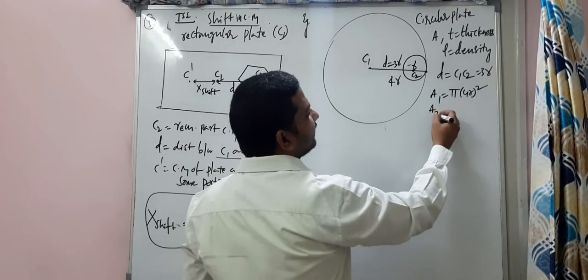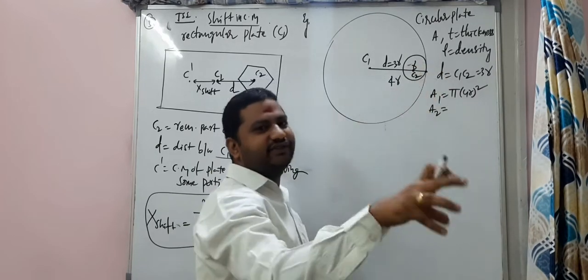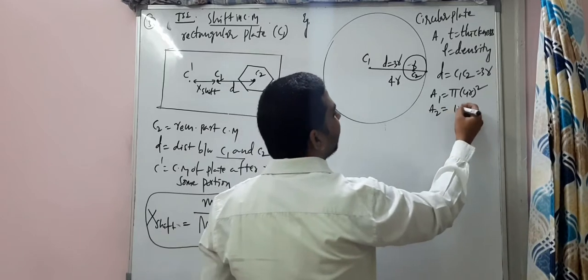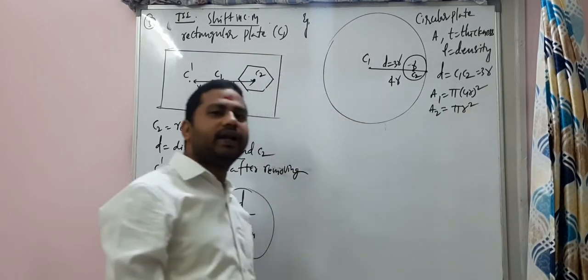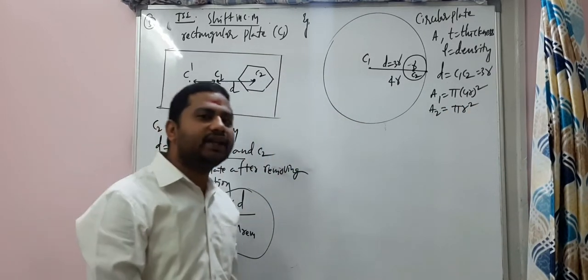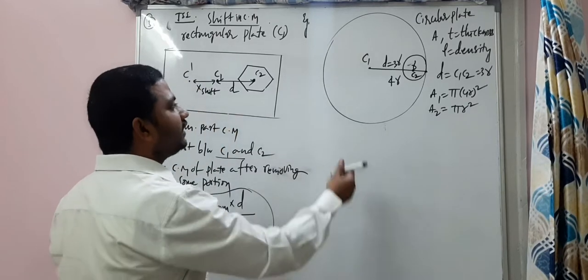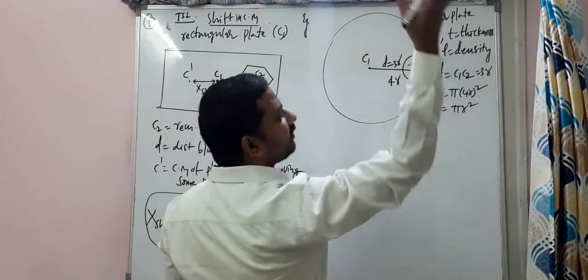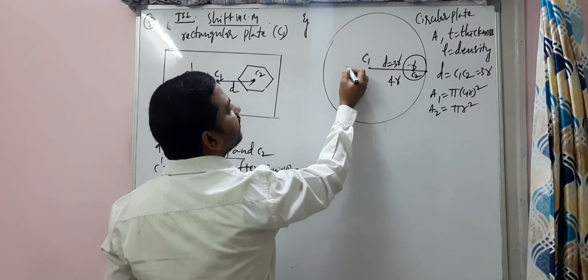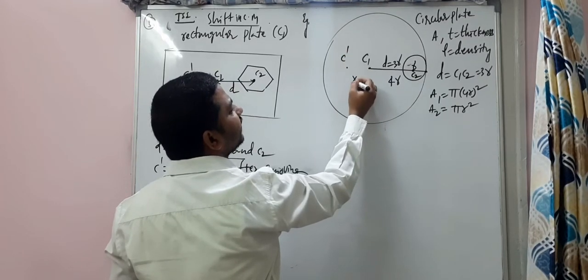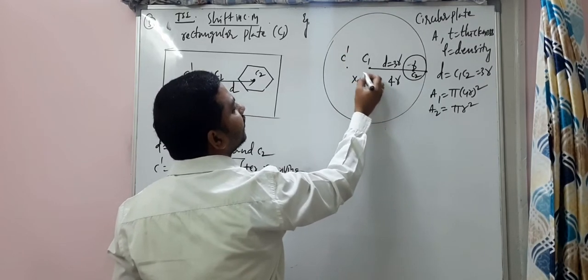Area of the second circular plate, the small one which we are going to remove, is pi into r square. Now see how simple the question is. After removing this part, the center of mass will shift somewhere here. That is C dash, and that's called X shift.